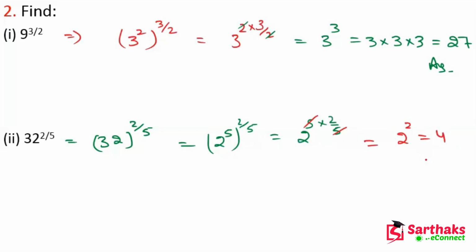So these are the questions. Now my dear friends, 16 raised to power 3 upon 4. In this case we can write 16 as 2 raised to power 4, whole raised to power 3 upon 4, because my dear friends, 2 into 2 into 2 into 2 is equals to 16.